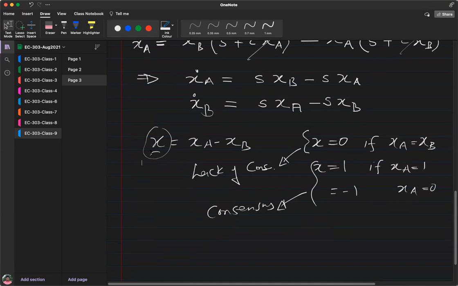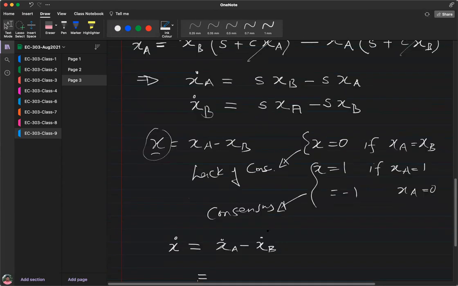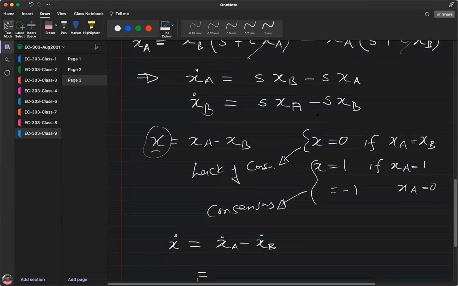Okay, so therefore let us define a new variable x, and let us find out the equation for x dot. So what will be the equation for x dot? It will be xa dot minus xb dot. Okay, so which basically means we subtract these two equations.